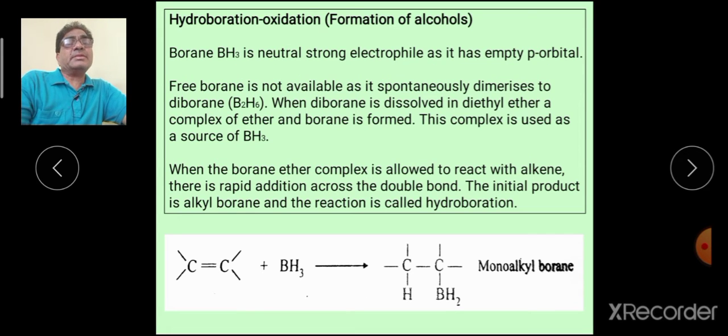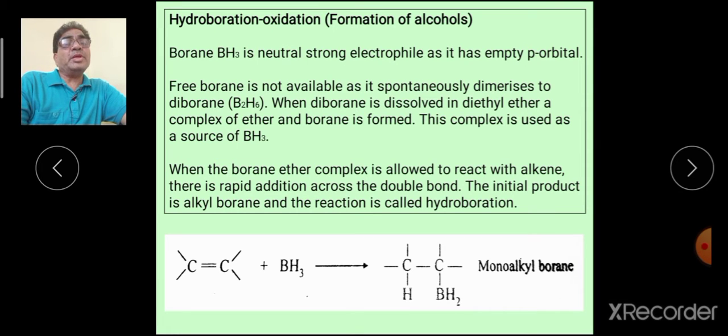Then the next reaction is hydroboration oxidation, formation of alcohols. Now borane BH3 is a neutral strong electrophile as it has an empty p orbital.